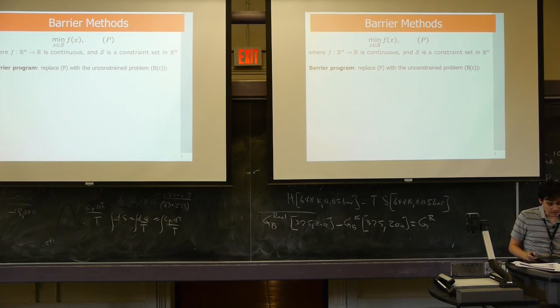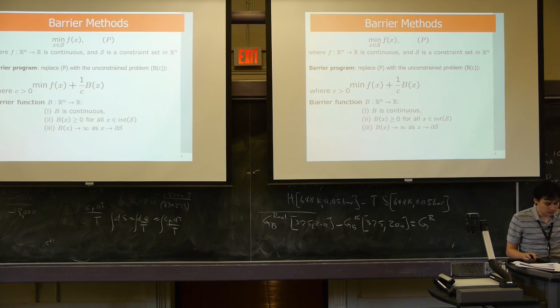The barrier program is similar to the penalty program. We will replace this original problem with another problem of this form: we want to minimize the same function f(x) again, plus a constant times the barrier function, where this constant will always be positive, and the barrier function will have these properties: it is continuous, and it is non-negative for all interior points in the set S. And as we move towards the boundary of set S, this function will diverge to infinity.